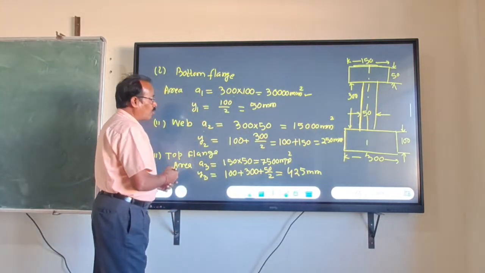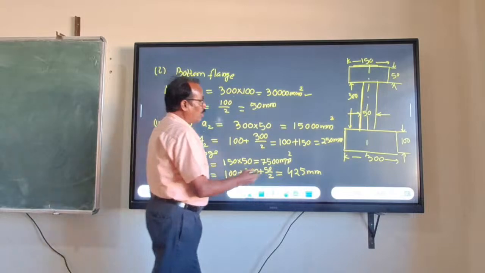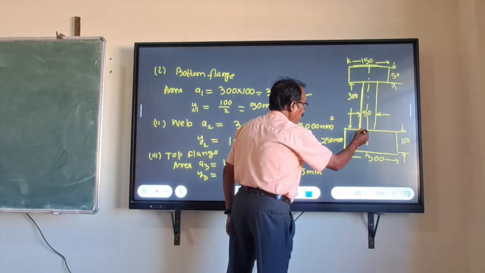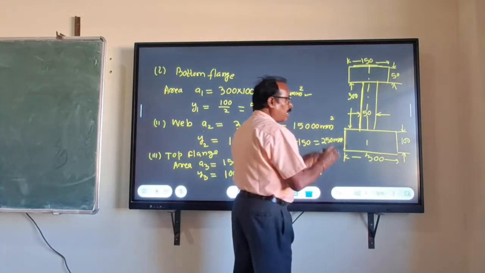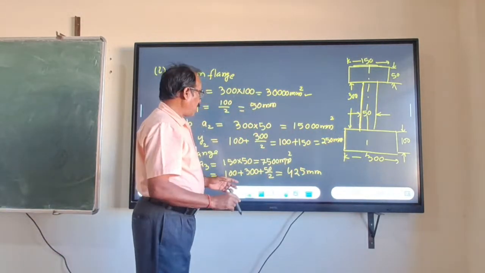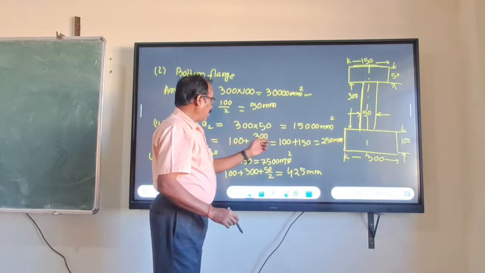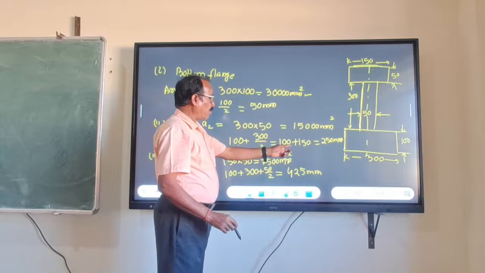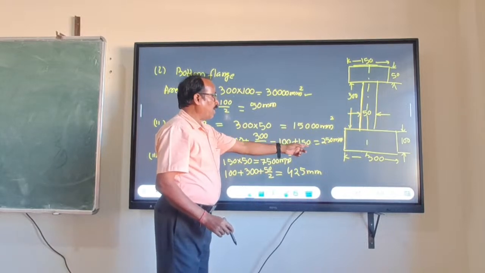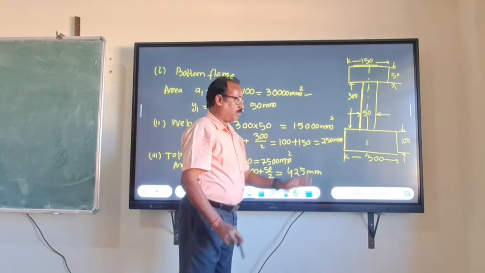Then Y2 is equal to, this height is 100, this is the constant, plus this height 300 by 2. Therefore, 100 plus 300 by 2 is equal to 100 plus 150, which is equal to 250 mm.